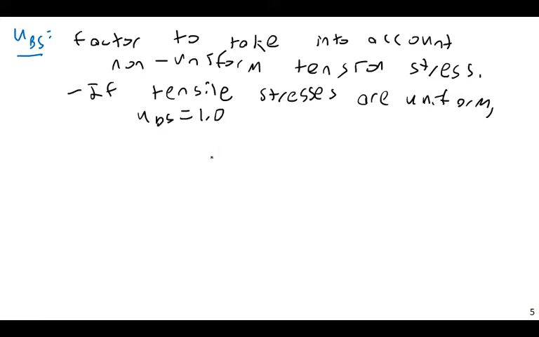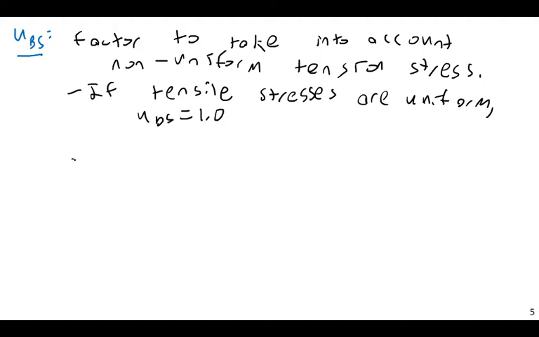But what if they're not equal? And in what cases would they not be equal? Well, this is where, similar to some things we've seen previously when we discussed the shear lag factor, you get non-uniform stresses when you have localized concentrations of stresses.